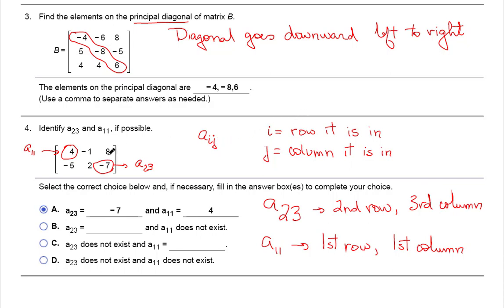So let's see, if I look at this matrix here, and this matrix has 2 rows and 3 columns, what this matrix really looks like to me is it has a 1,1, first row, first column, first row, second column, and the first row, third column.